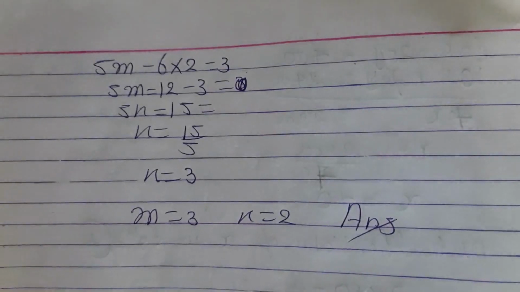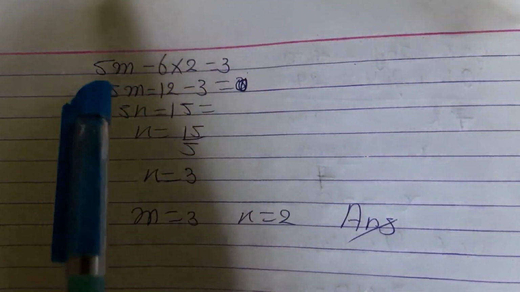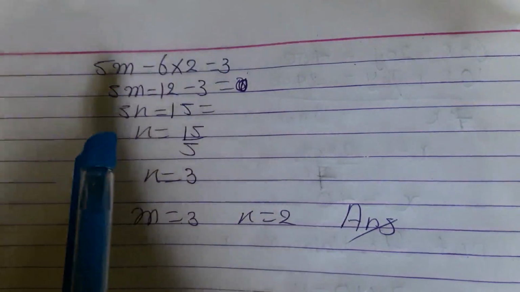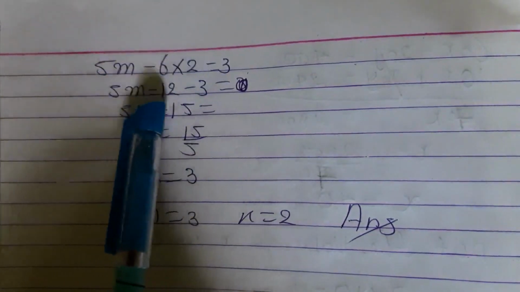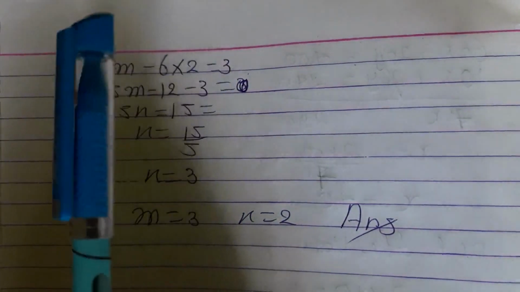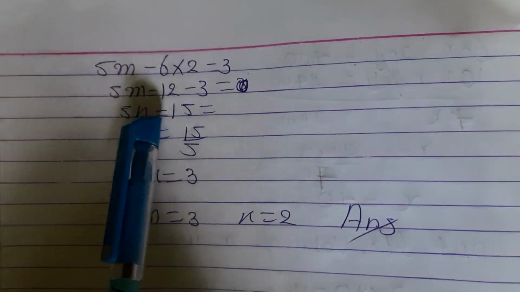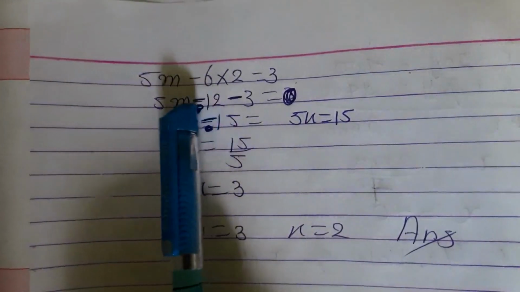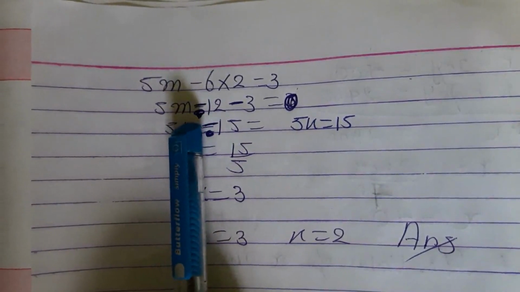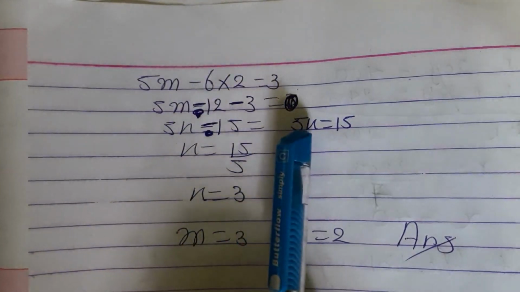We put the value of n in the first equation: 5m minus 6n is equal to 3. The value of n is 2, so 6 into 2 is 12, so 5m minus 12 is equal to 3. Then 12 goes to the other side and its sign changes, so 5m is equal to 15.